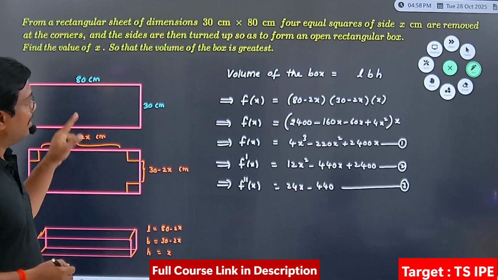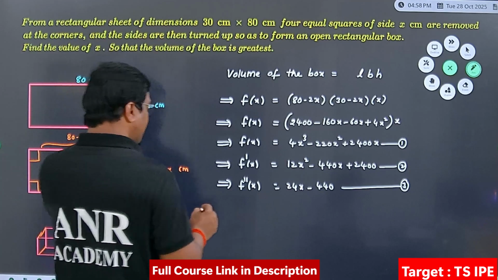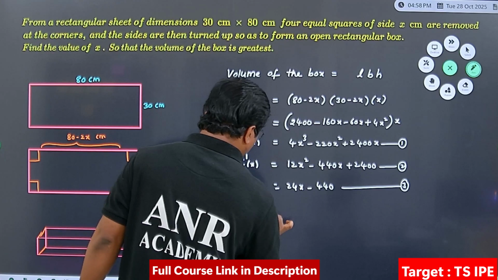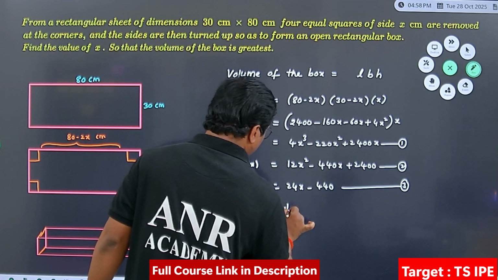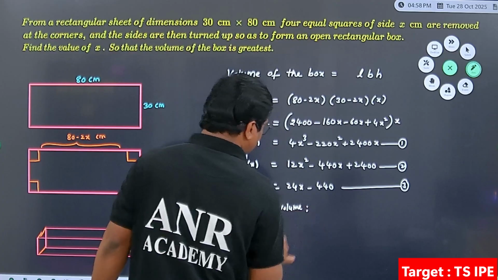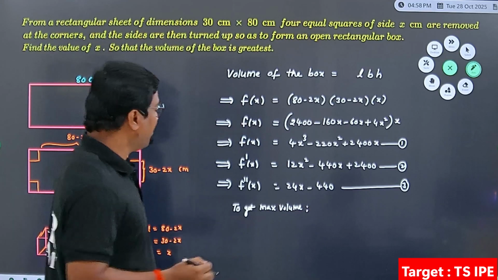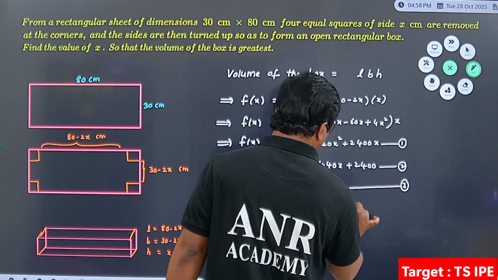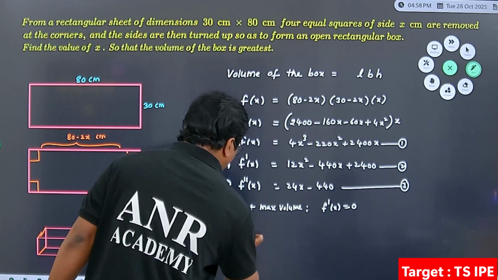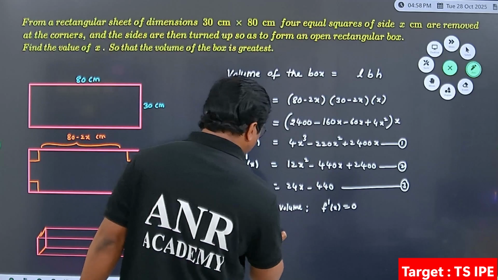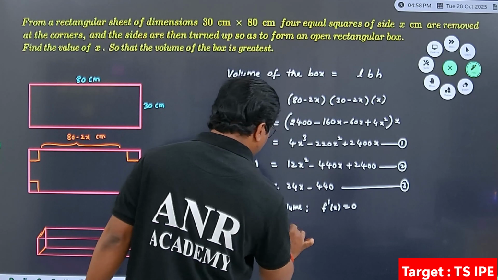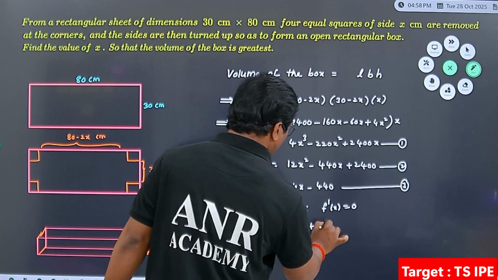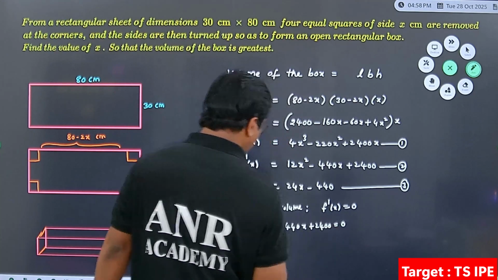To get greatest volume, to get maximum volume, extreme values for extremities you have to write f dash of x equal to 0. Let f dash of x equal to 0 implies here 12x square minus 440x plus 2400 equal to 0.